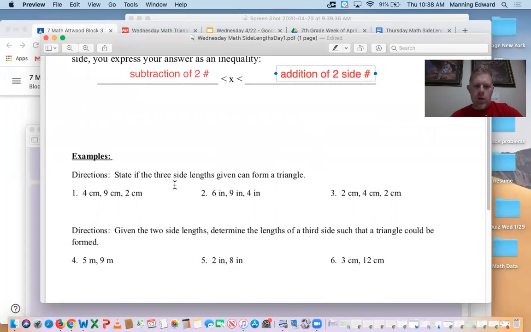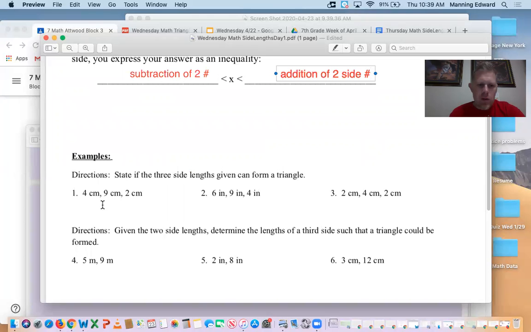All right, state if the three side lengths can form a triangle. I have to make sure the two smallest are bigger than the third. So 4 plus 2 is 6. Is 6 bigger than 9?